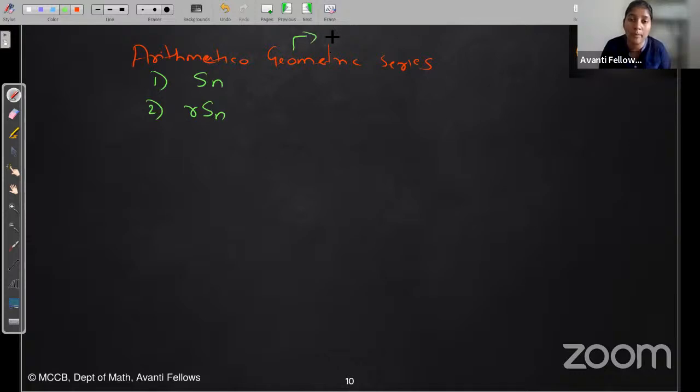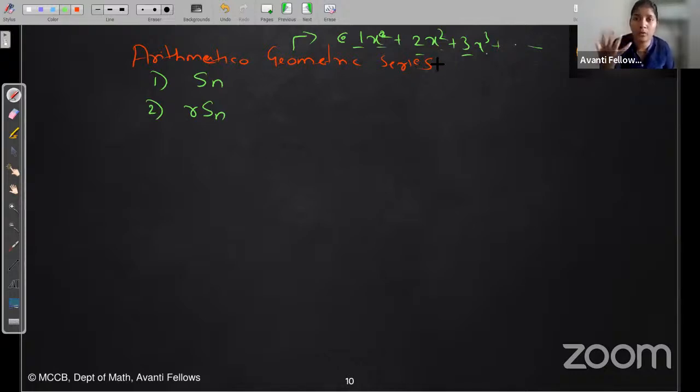It is nothing but a combination of an arithmetic progression and a geometric progression. For example, 1x plus 2x squared plus 3x cubed plus so on. You can observe 1, 2, 3 are in AP, and x, x squared, x cubed are in GP. Such a series we call an arithmetico-geometric series.